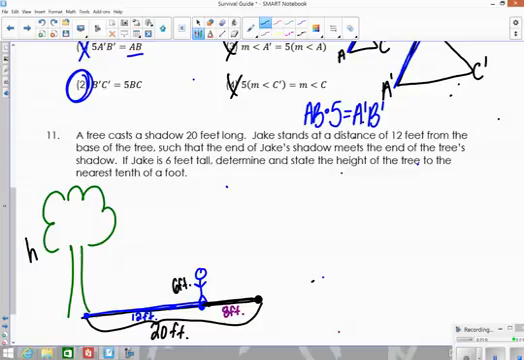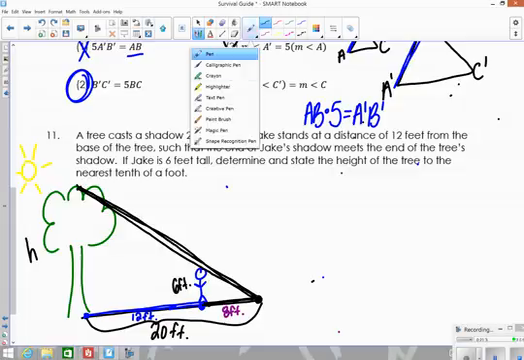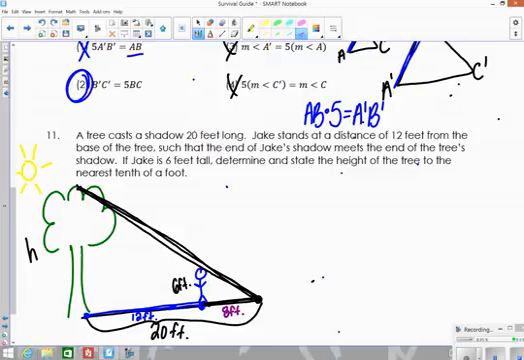Since we're talking about a shadow problem, you have the sun casting down and creating these shadows, which really means that you're creating triangles. One triangle is hitting the top of Jake's head, and it's going to be a right triangle.